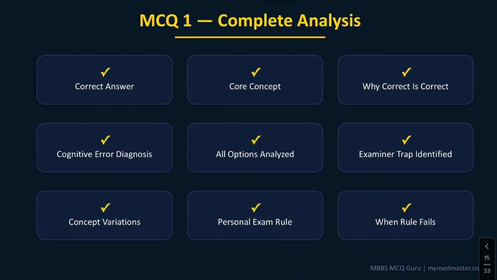So you can see here there is no platform currently available that provides this kind of detailed analysis of a particular MCQ for your answer. So this tool diagnoses your thinking of MCQ answering.